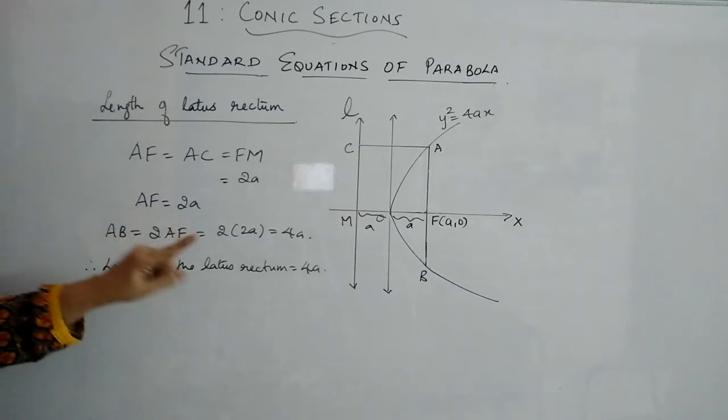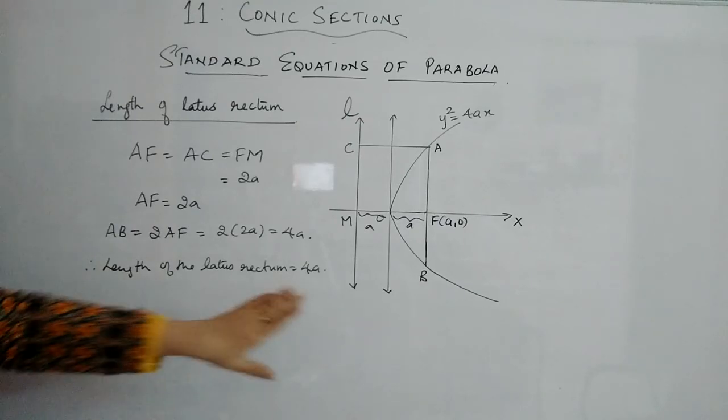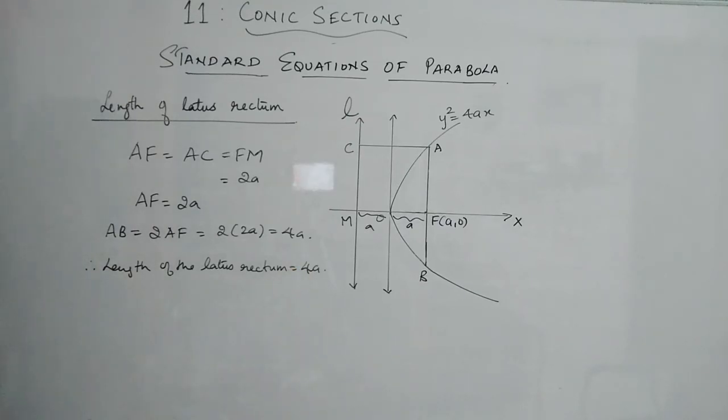That means for y square equal to 4ax, again 4a; for y square equal to minus 4ax, also 4a; for x square equal to 4ay, again 4a; and for x square equal to minus 4ay, also the length of the latus rectum is the same, which is 4a.